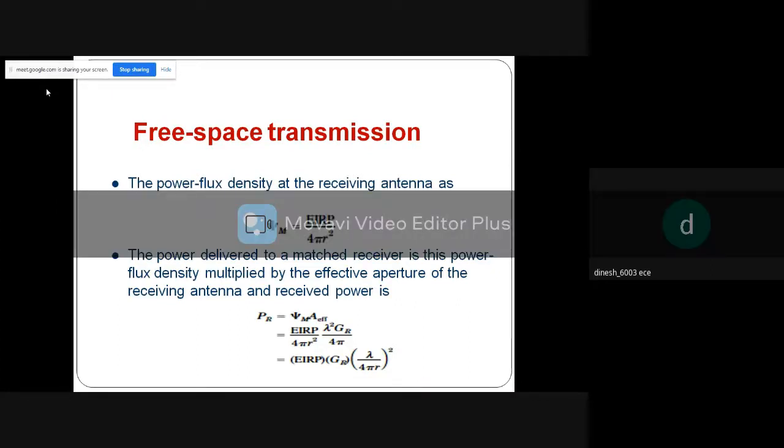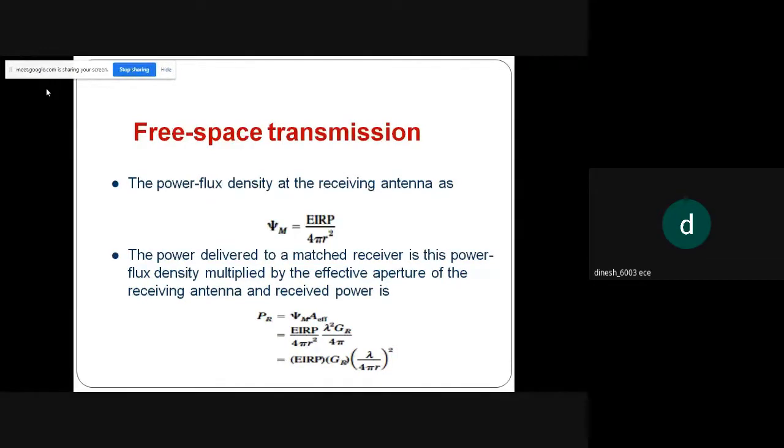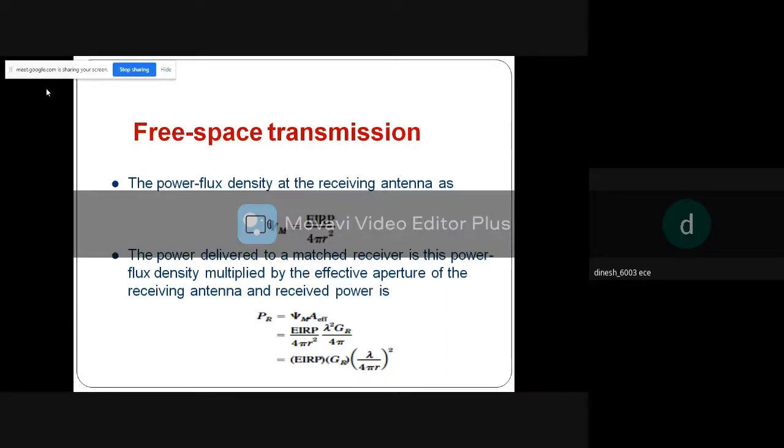So the received power will be EIRP divided by 4 pi r square, which is phi m or flux density, into the effective aperture of the antenna, lambda square GR divided by 4 pi. On simplification, we get EIRP times GR times (lambda divided by 4 pi r) the whole square.